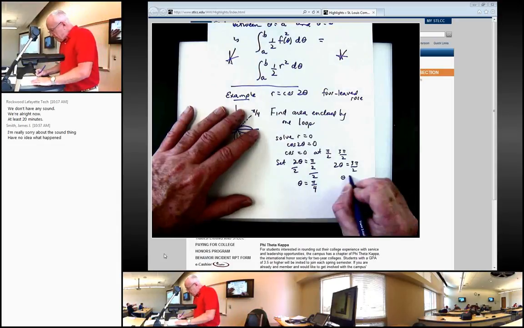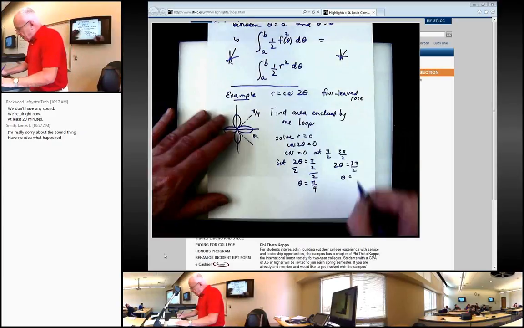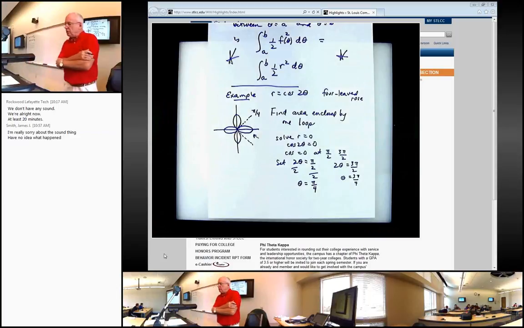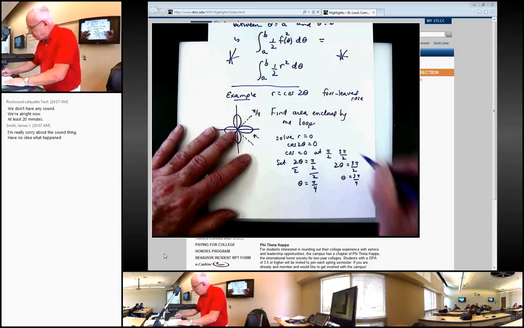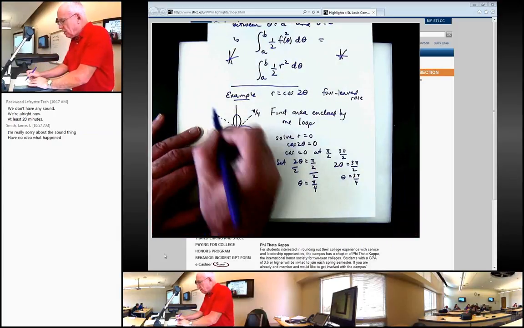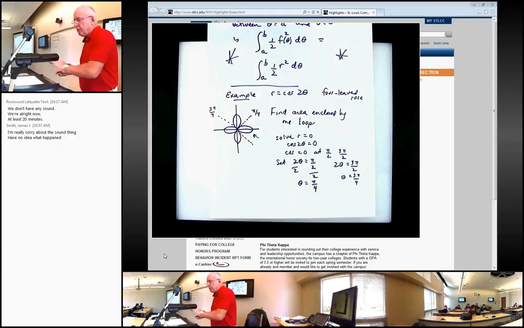When we divide by 2, we get 3 pi over 4. So that's not the one that we want. Notice 3 pi over 4 is this one here. We could use this one, that's fine. We could go from here to here, that's okay.